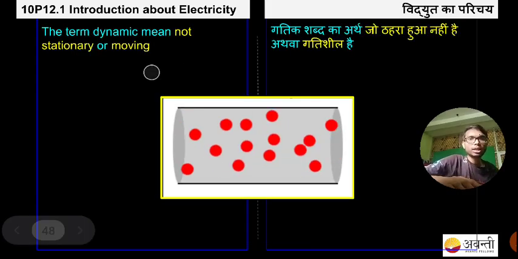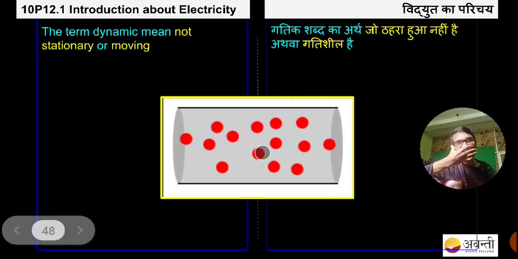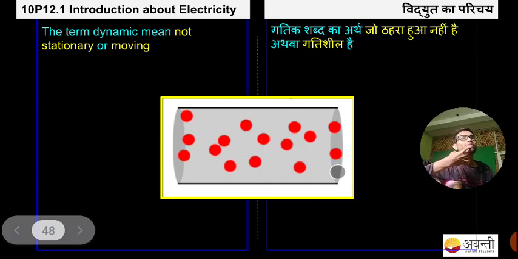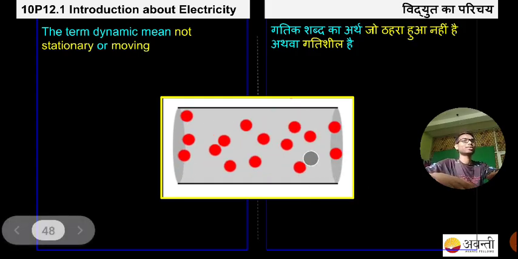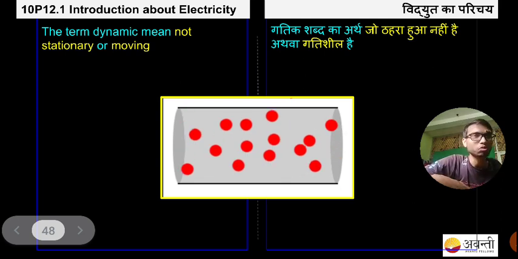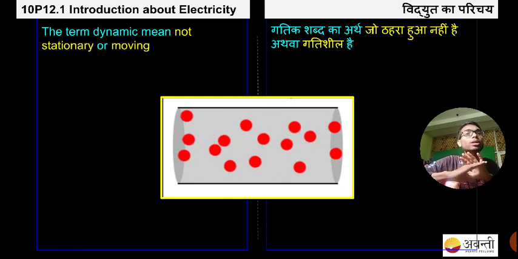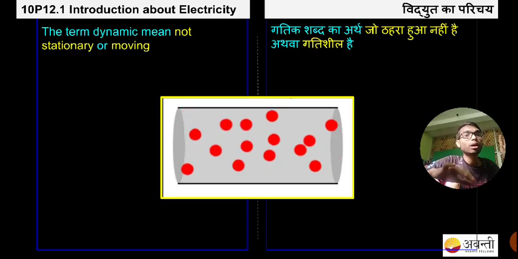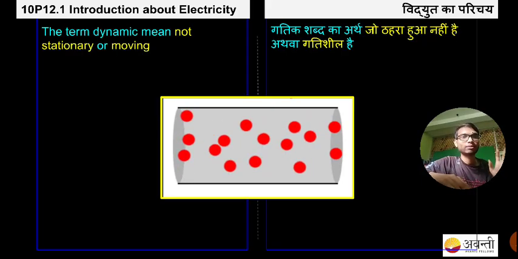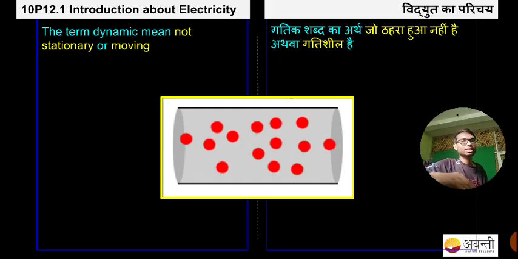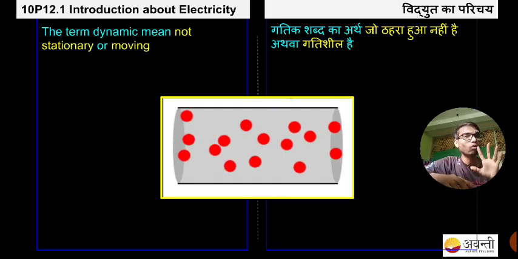Now, here these are charges. Can you say which kind of charges are moving? You would say electrons. Proton does not move. Neutron also does not move. Only electrons move. Electron has negative charge, and only it moves.